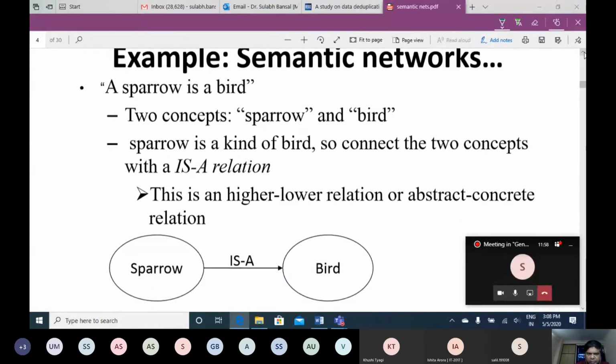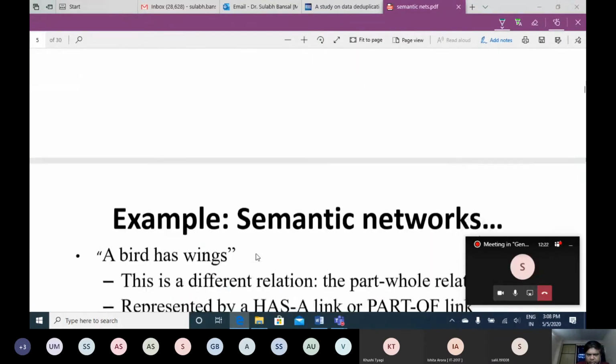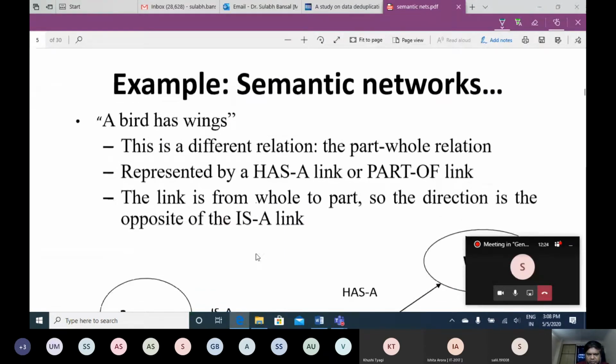Sparrow is a bird. Isa means it is an inheritance. It shows inheritance properties. Sparrow is a class of objects representing all sparrows, which is a subclass of the object called bird. Similarly, a bird has wings.